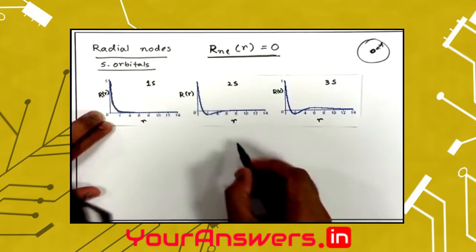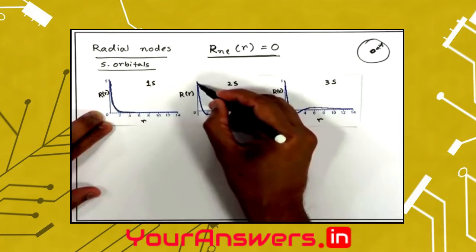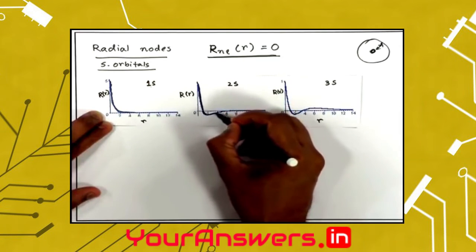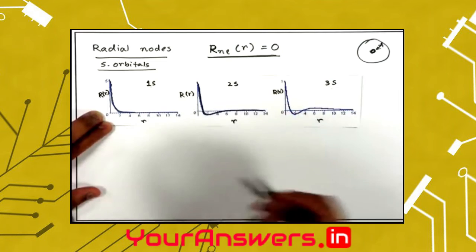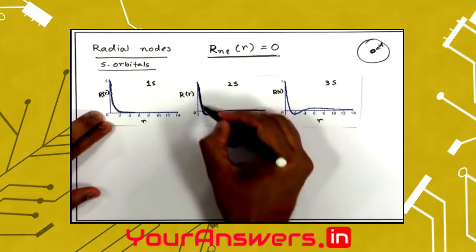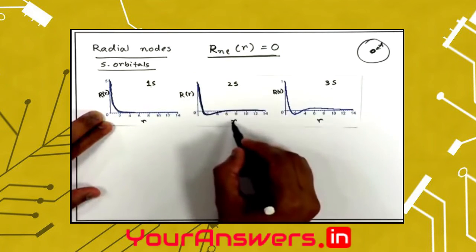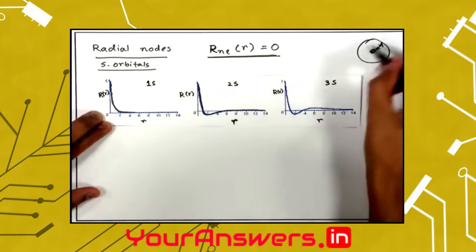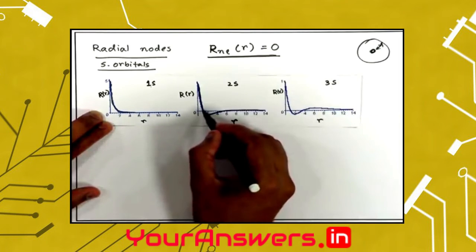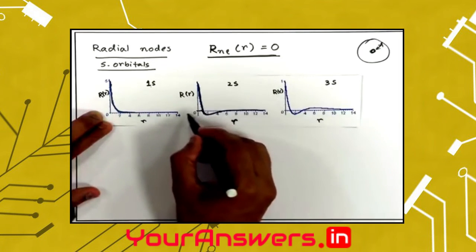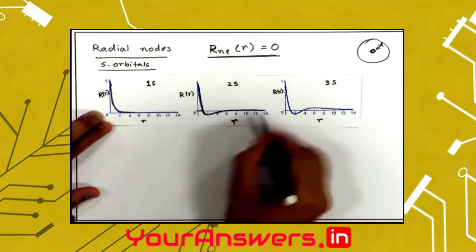When you look at 2s, you see the curve goes like this. I am retracing the curve. You see that at a certain distance of r, the radial component of the wave function becomes 0. This is the x axis at 0.